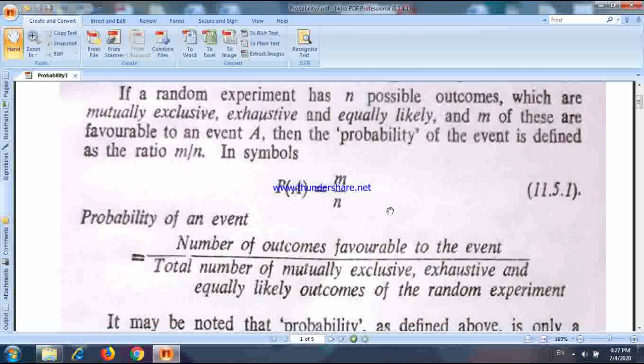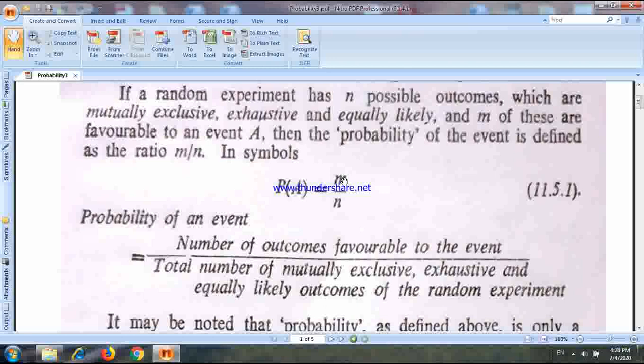So all these possible outcomes 1, 2, 3, 4, 5, 6, these are greater than 0. So in that time, what happens? m equals 6. That means required probability will be 6 upon 6. That means 1. So we see that the minimum value of m is 0 and the maximum value of m is n.